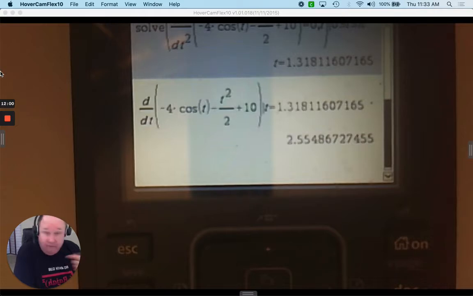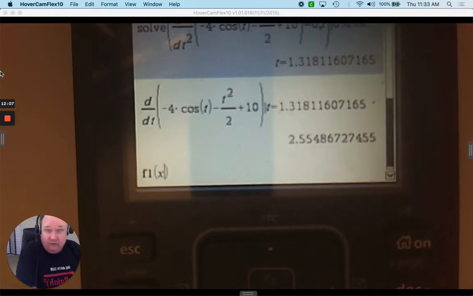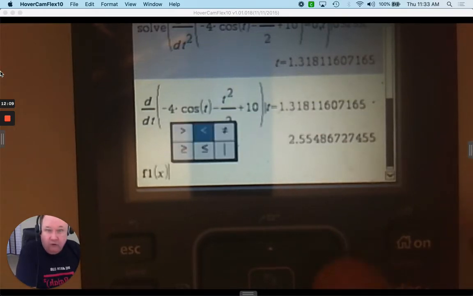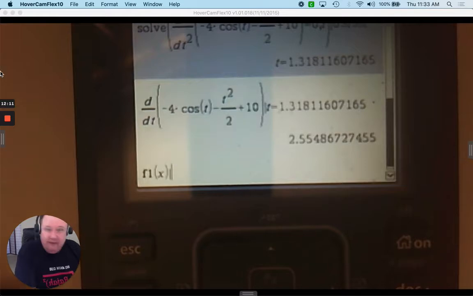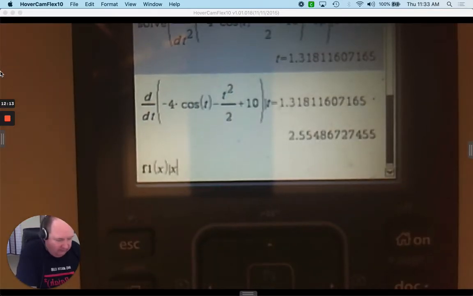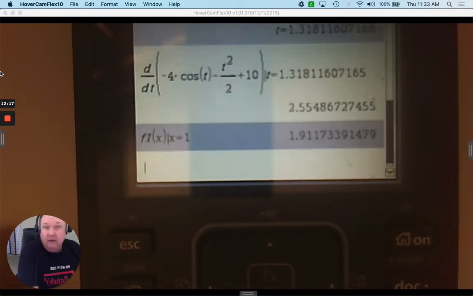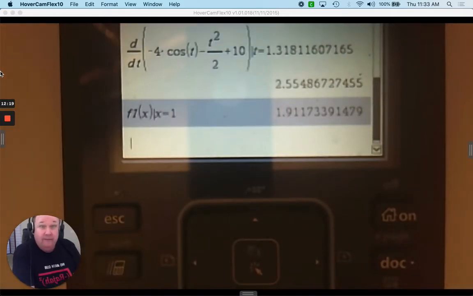So I want to know what the velocity is. That's what was given. So if I type in F1 at x, and then if I do the vertical line, I can just evaluate the function at whatever value I want. So in this case, I want to know what it is at 1. So evaluate the function at 1, and what do you notice? It's a positive value.